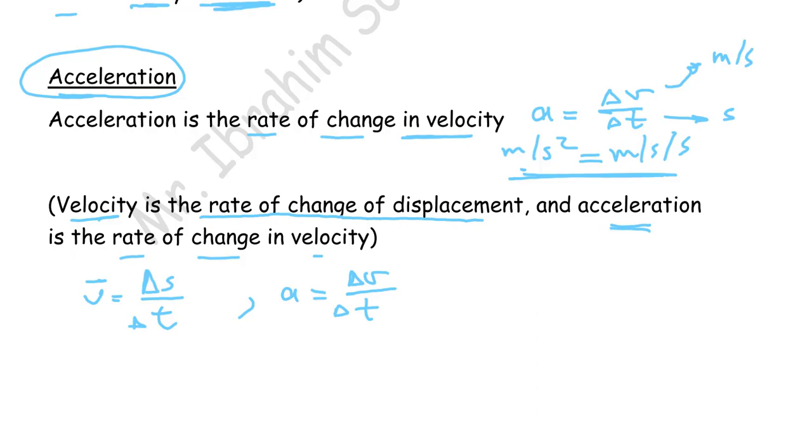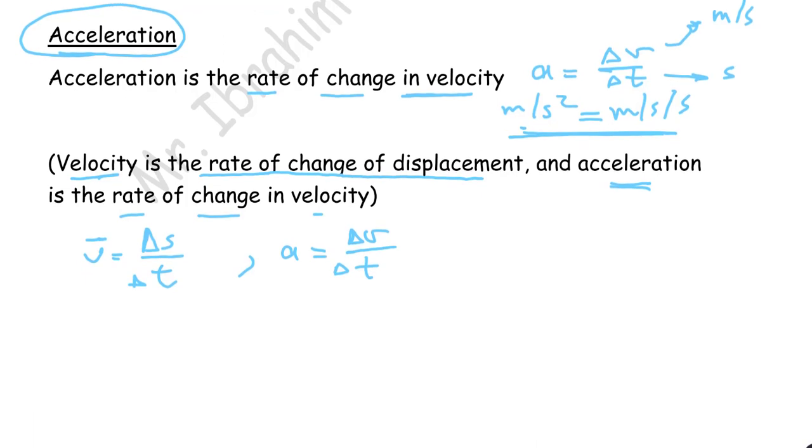When the object doesn't change its speed, its speed is constant, uniform. If its velocity increases with time, it accelerates. But if its velocity decreases with time, it decelerates or slows down.